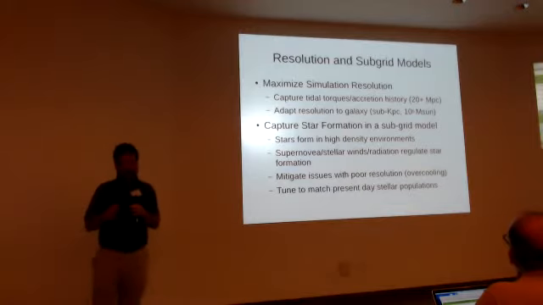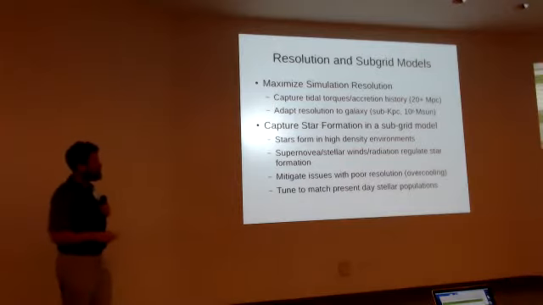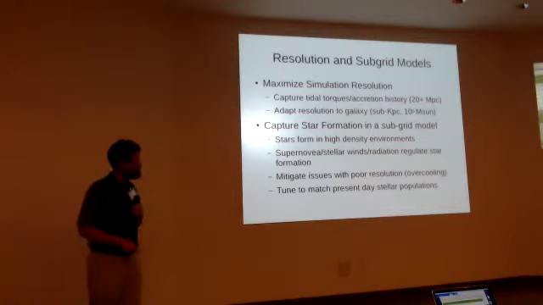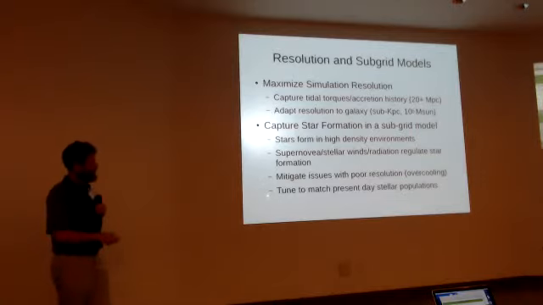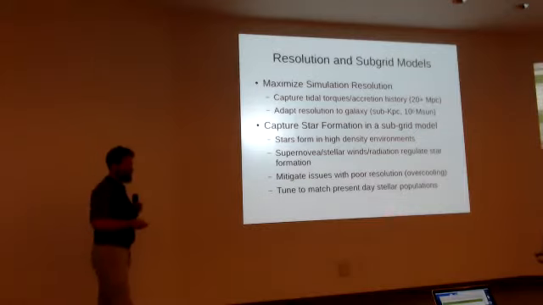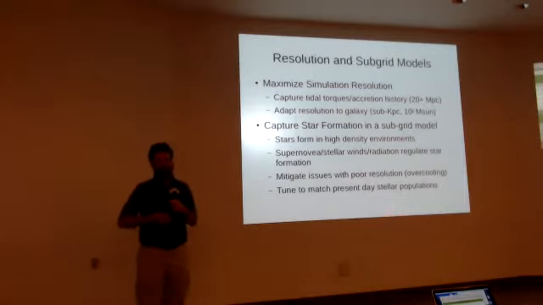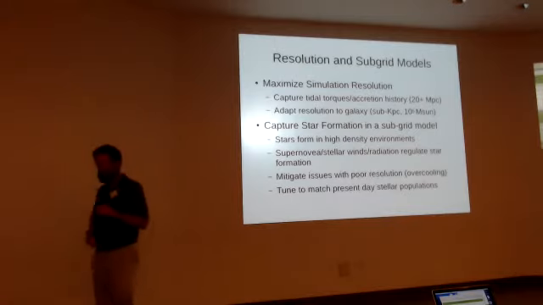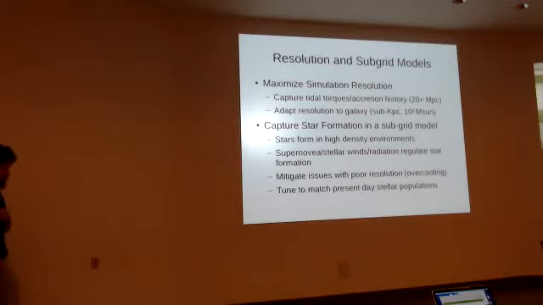But we do need the high resolution, so we've mainly been doing zoom-in runs where we focus our resolution on the galaxy, but even in kiloparsec we still need the subgrid model. These just outline the basics of what we do for star formation and for feedback, and then in my case, I'm using this blast wave formalism to solve the overcooling problem with low resolution that was mentioned earlier.